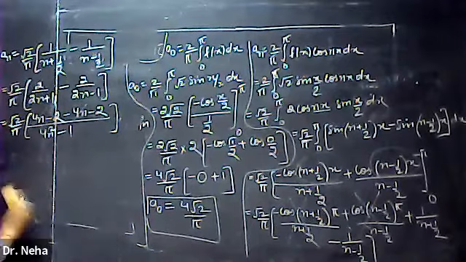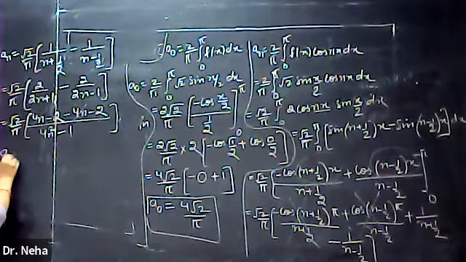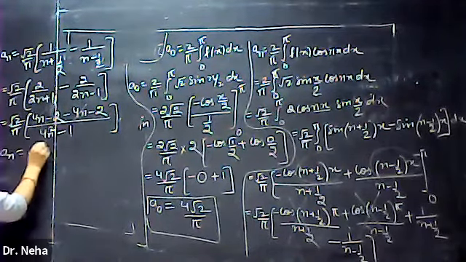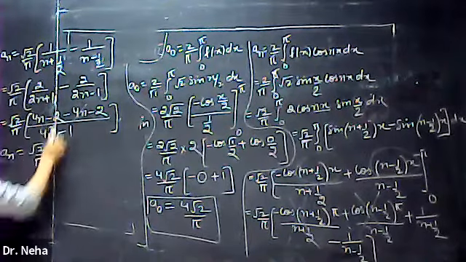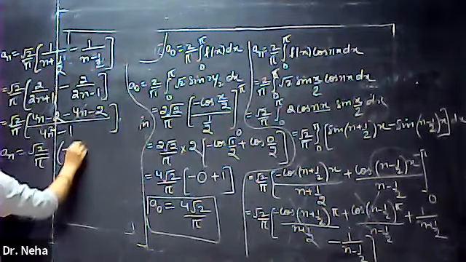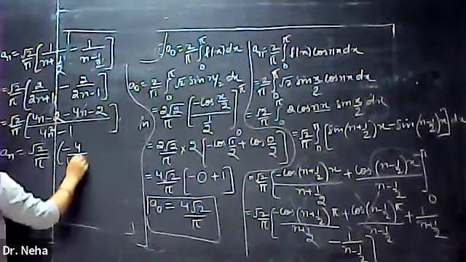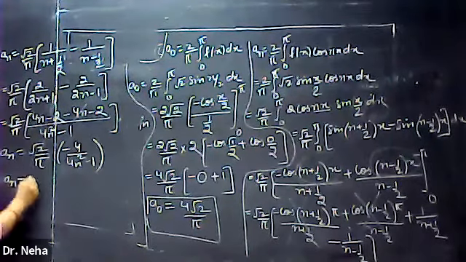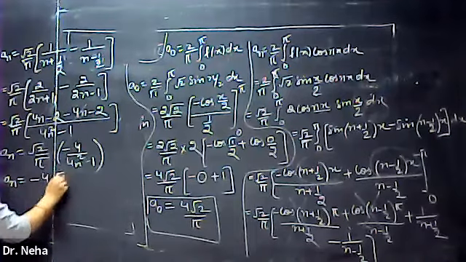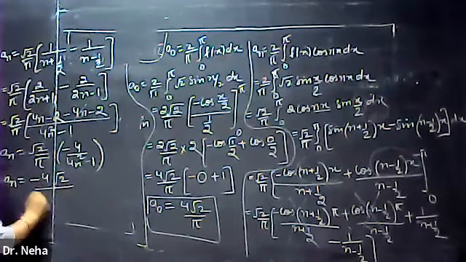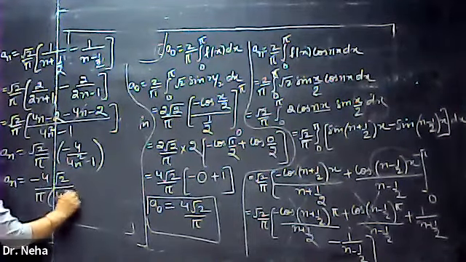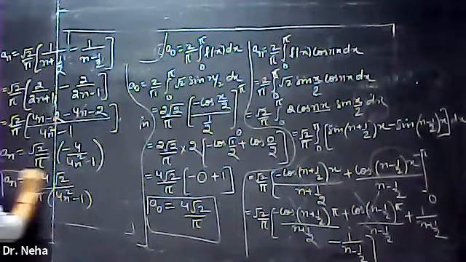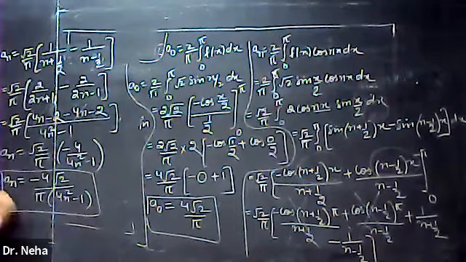That means the combined value of an will be square root of 2 upon pi, minus 2 and minus 2, minus 4 upon 4n square minus 1, right? Or we can write it in the form minus 4 square root of 2 upon pi into 4n square minus 1. So earlier we found a naught, this one.